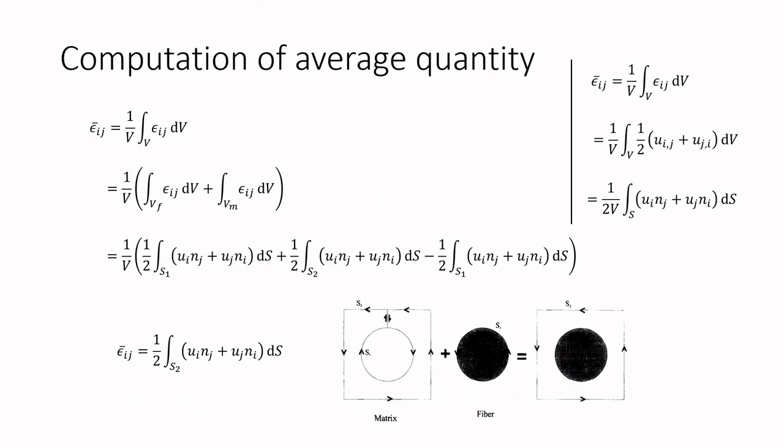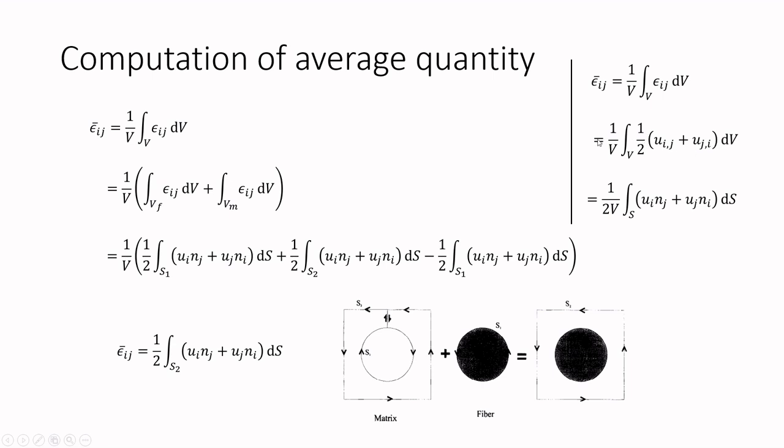So now we want to calculate strain by using the divergence theorem. If we see on the right side, E ij is expressed as 1 by V times the integration of epsilon ij dV, and this epsilon ij can be written from the strain displacement relationship as the derivative of Ui over xj plus the derivative of Uj over xi.